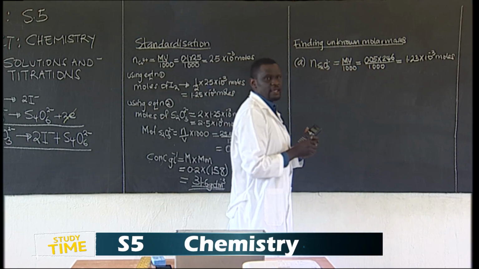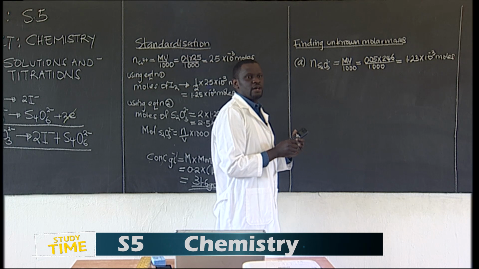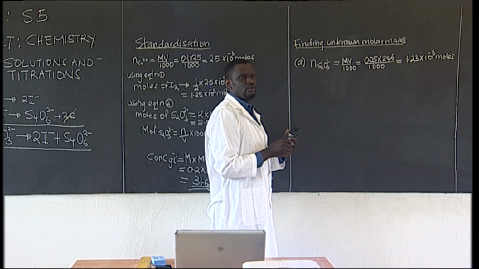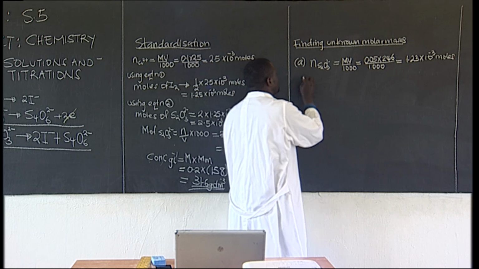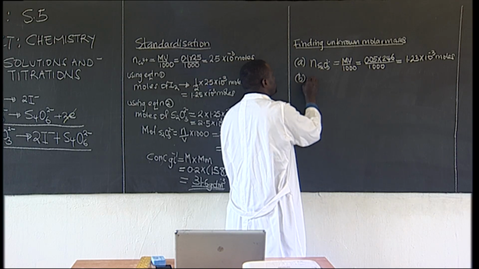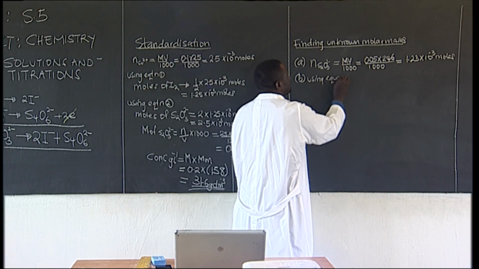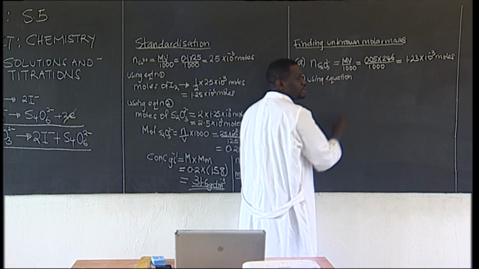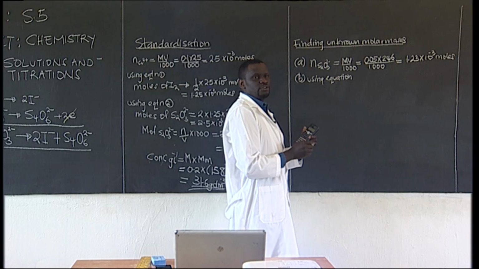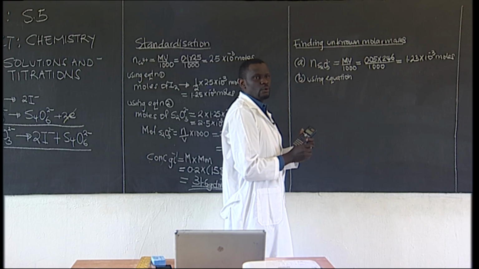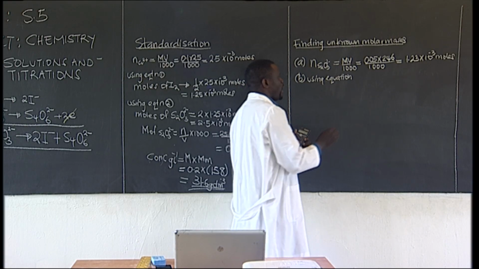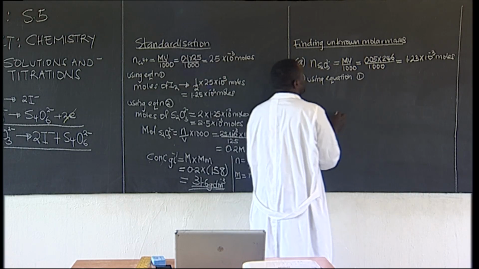Then from there, we calculate the moles of iodine, using equation 1. So we have thiosulfate.